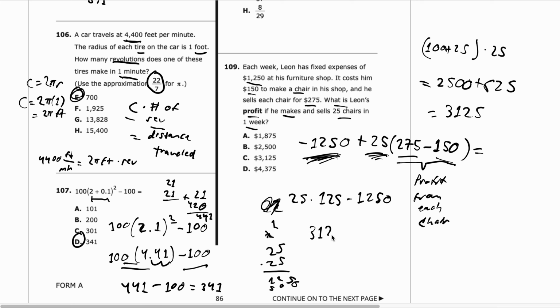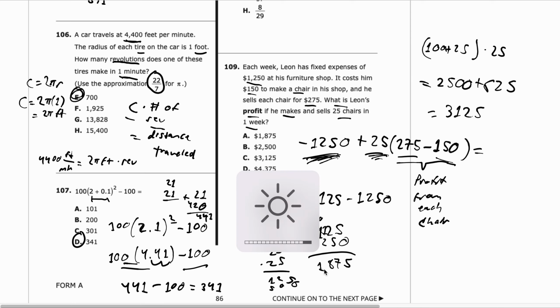So it would be 3125 minus 1250, and that is, let's see, 1875. Okay, so that's going to be your total profit, and that is A.